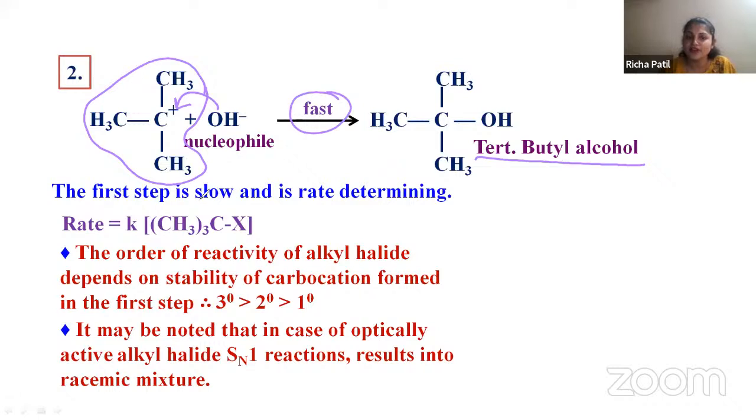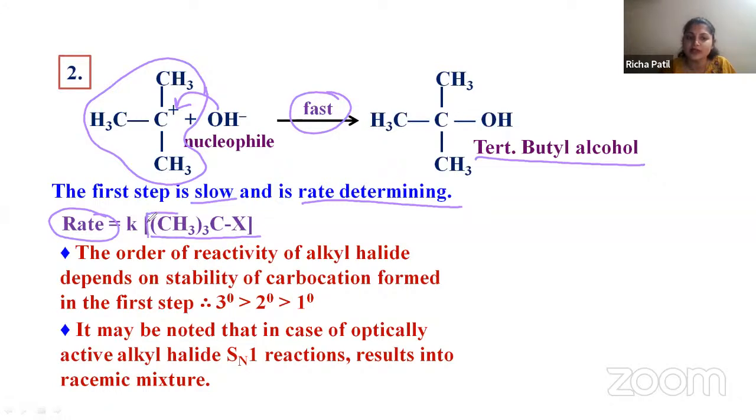So the first step, the formation of carbocation, is a slow step and is called the rate determining step. So the rate of this reaction depends upon the concentration of only one substance, that is your substrate.